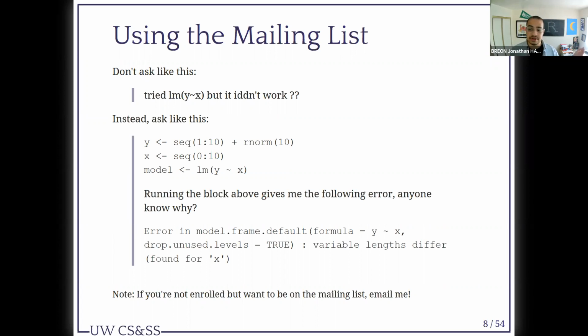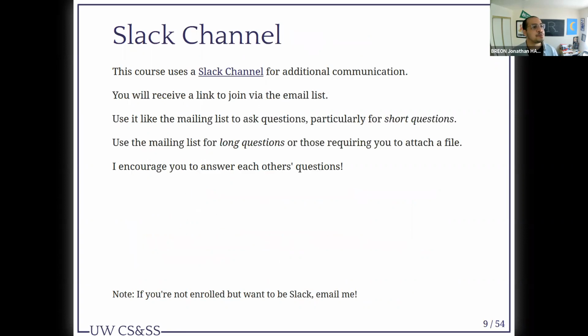And I tried to run this linear regression model. Running the block above gives me the following error. Does anyone know why? And I would be able to say, well, this has 11 elements in it, and this one only has 10. So you're not going to be able to run a linear regression on it. If you're not enrolled and you want to be on the mailing list, please email me.